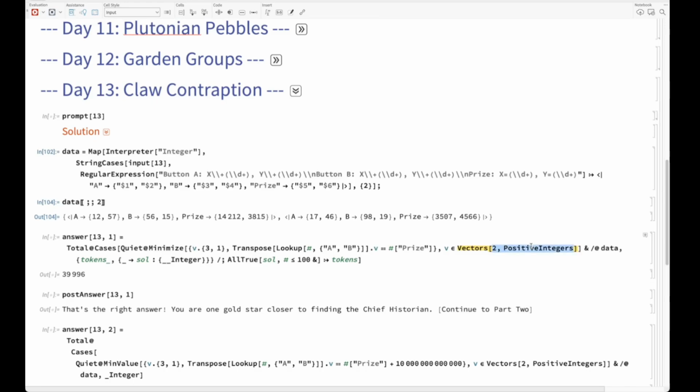These are just positive integers, so you can easily specify that this is a vector of two positive integers, which we multiply with our matrix of shifting vectors, right? And we want a constraint so that when we press it, we reach the prize. So that's the constraint, and that's the quantity that we want to minimize, right? This is the cost for pressing button A, and this is the cost for pressing button B. And we just minimize it. There are some messages that we just quiet down.